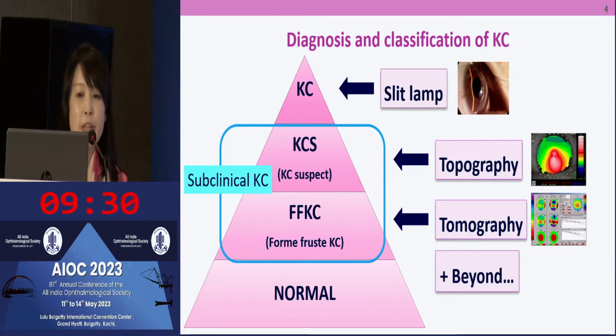Especially if some eyes don't have any clinical keratoconic signs, but have some kind of signs in corneal imaging, subclinical keratoconus, keratoconus suspect, or forme fruste keratoconus can be used. But there is no definite consensus for the definition.